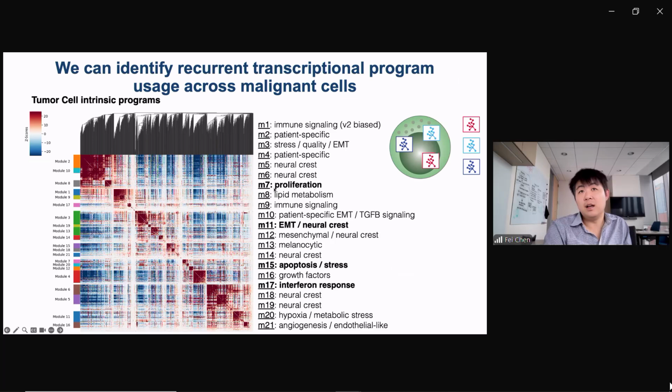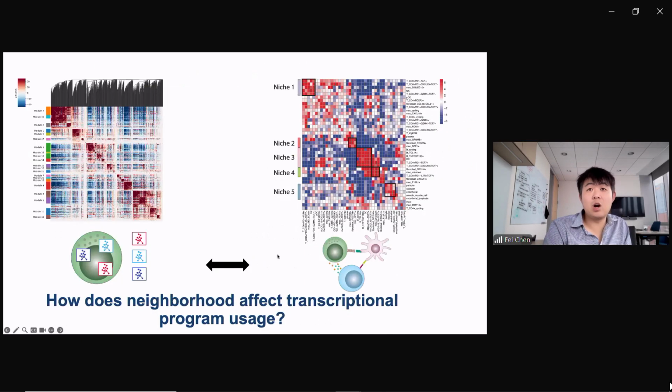Then we can go and manually annotate these programs. Some of them represent proliferation. Some might represent this EMT neurocrest, which is a dedifferentiation trajectory. Some represent stress apoptosis, or interferon response to the immune system, the immune interferons. So then we can ask: we defined all these cell programs within the tumor cells, how does the neighborhood you're in affect what programs you use?